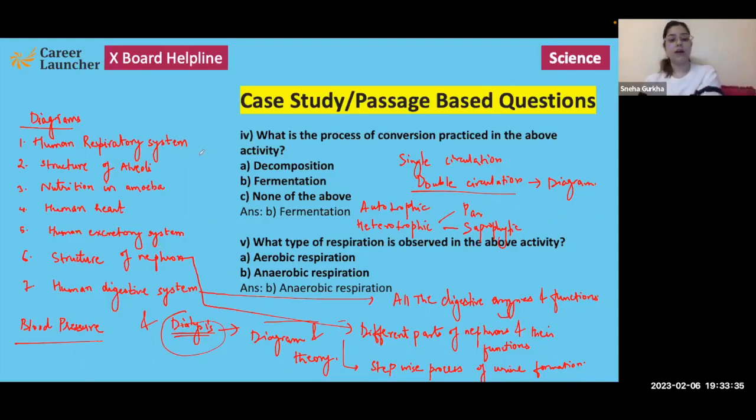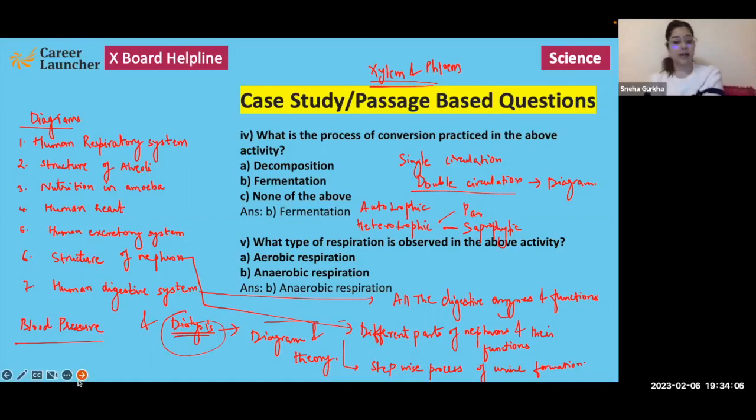In the human respiratory system, we need to remember the function of the parts of the upper respiratory system, the functions of the parts of the lower respiratory system, and transportation in plants. So basically, the entire functioning of xylem and phloem in detail, we have to be aware of all the things.